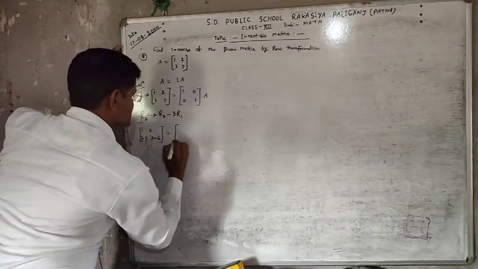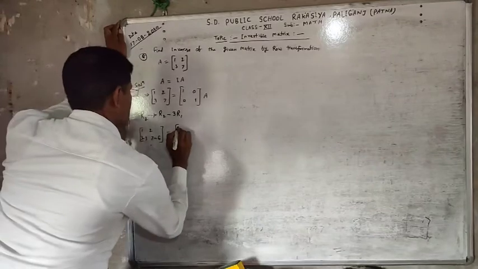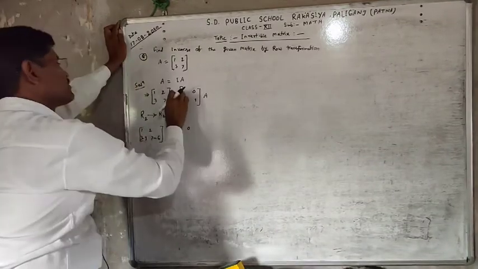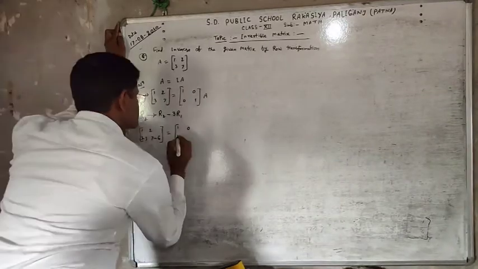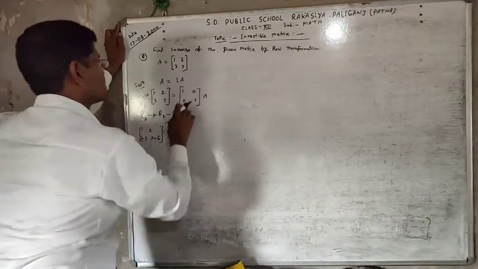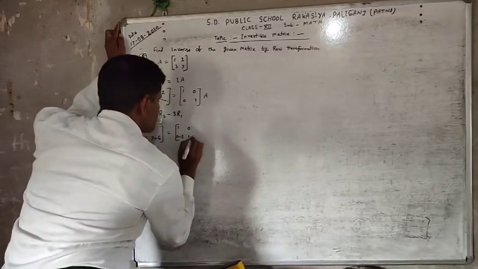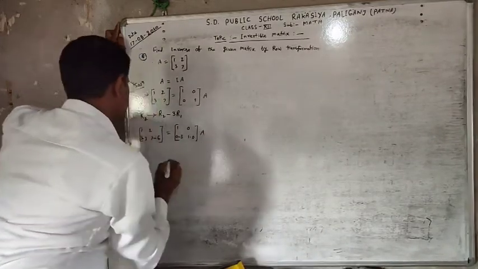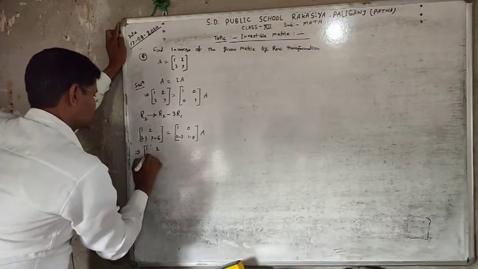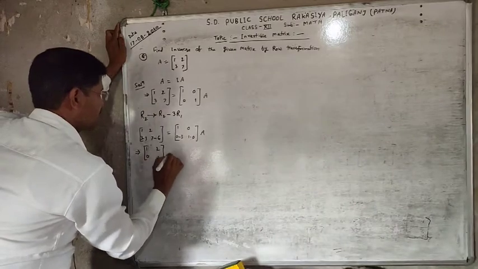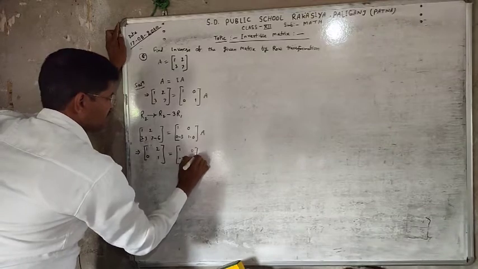The same process is applied in the RHS: 1 and 0. 3 multiplied by 1 is 3, so 0 minus 3; 3 multiplied by 0 is 0, so 1 minus 0, into A. Then the matrix we get is 1, 2 and 0, 1, equal to 1, 0, minus 3 and 1, into A.